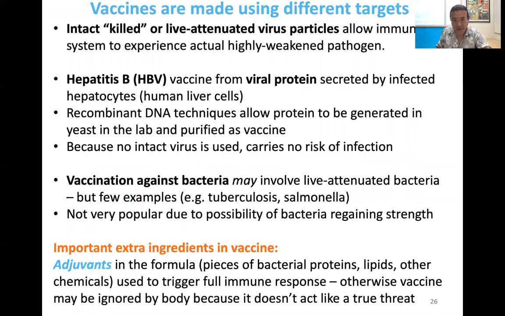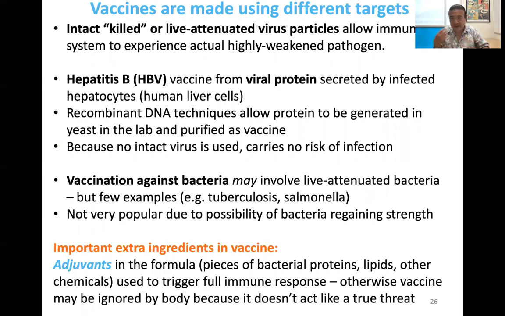And then this was just a summary, right, that there are different strategies for making vaccines. You can use the intact killed virus particles, but that's not really that great because your immune system might not really care. These dead virus particles that don't do anything, they're not going to elicit any kind of natural, real infection-like response, right?